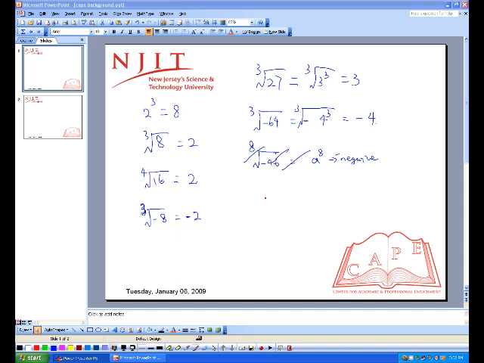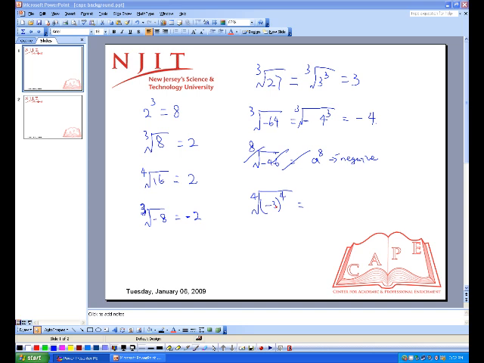However, you could do something like this: the fourth root of negative 3 to the fourth power. Some of you might ask, well, you just told me that you can't have an even root of a negative number, but now this is negative. How do you explain that? I say yes, it has a solution. If you look at this expression, you do what's inside the fourth root first, negative 3 taken to the fourth power.